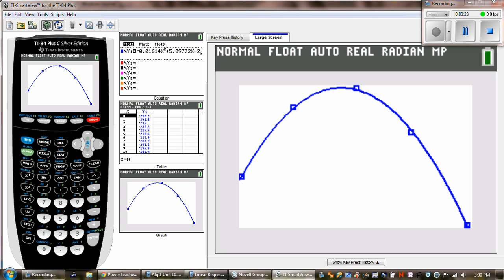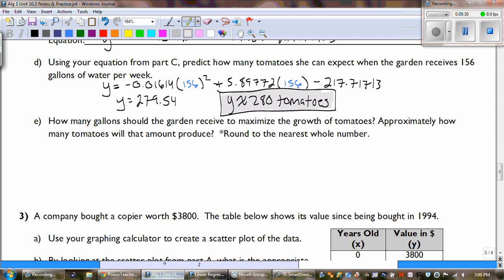So I need to find the max. I want to find the highest point of my graph, and that is the vertex. So we are looking for the vertex, and we want the max, okay? So to find the vertex, first we need the opposite of b over 2 times a, okay?